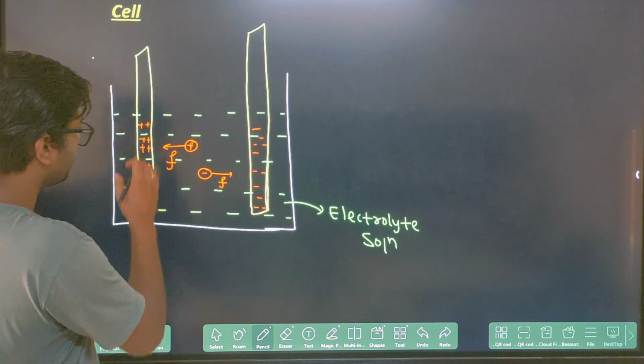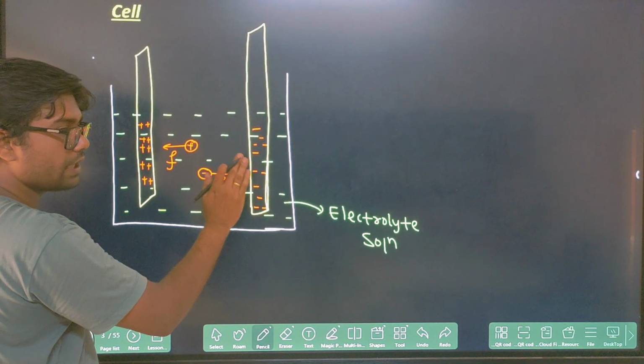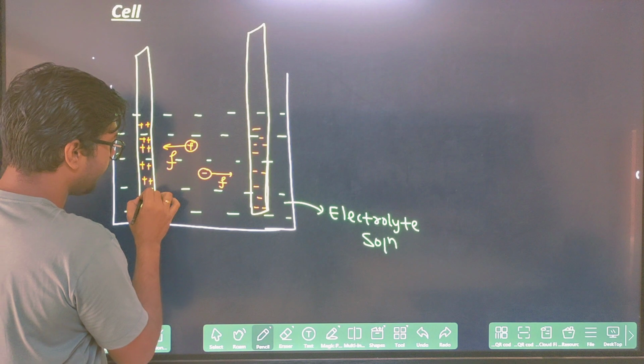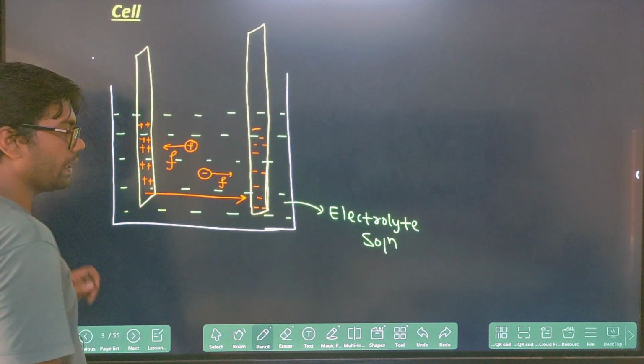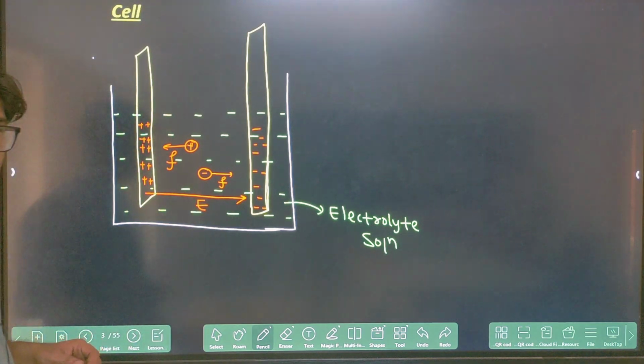Then you will see the positive ions are deposited here and the negative ions are deposited here. That means there will be an electric field from the positive to the negative plate, right?